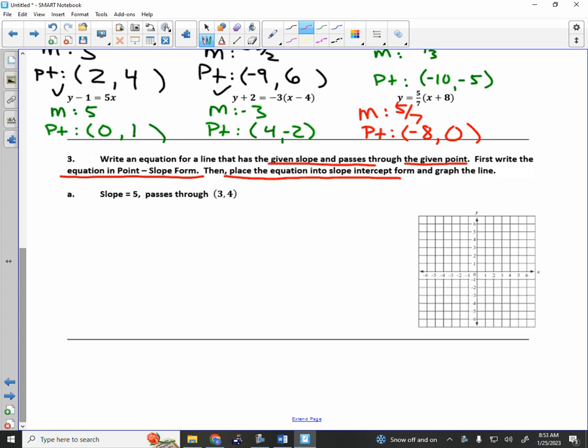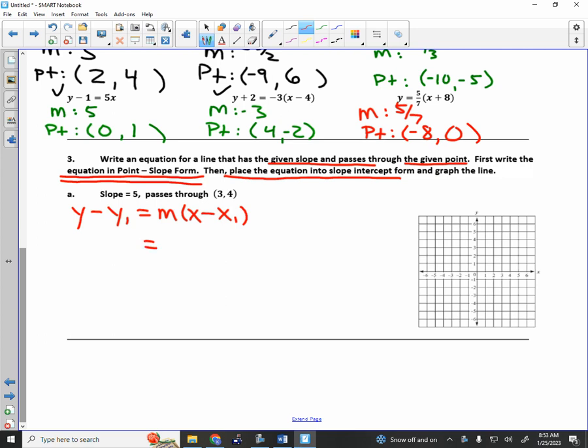We're going to take the slope and the point that it passes through, and we're going to write an equation in point-slope form, or y minus y1 equals m times x minus x1. On the test, I will give that to you. You don't have to memorize that. Is that fair enough? Okay.